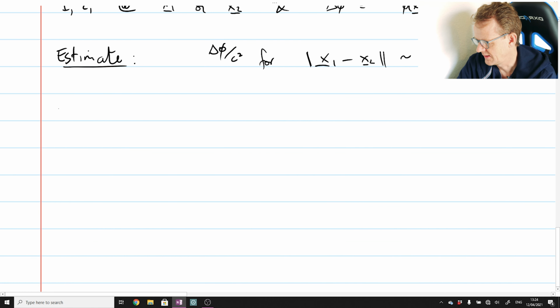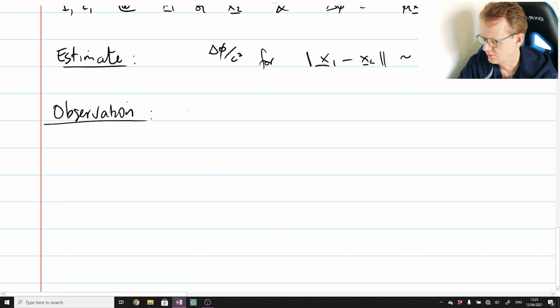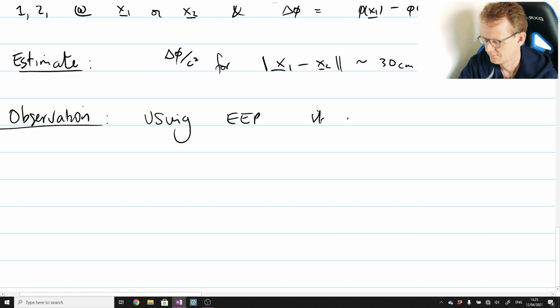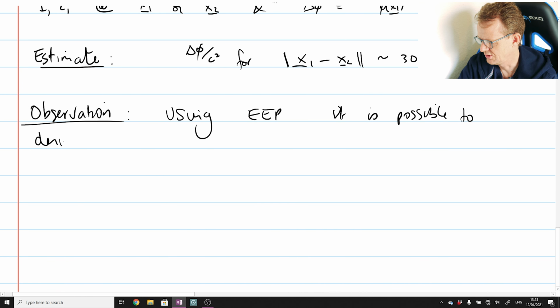Now, it's an interesting observation that using EEP, you can derive that gravity should be described geometrically.